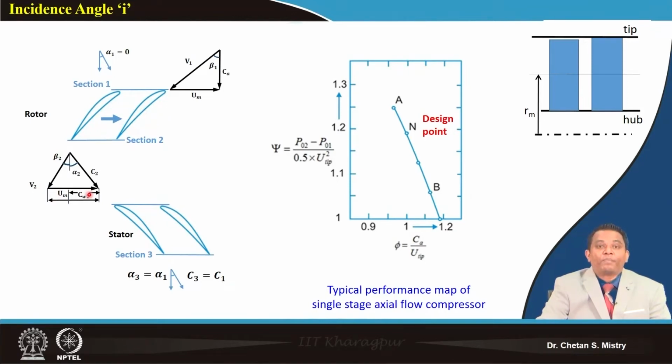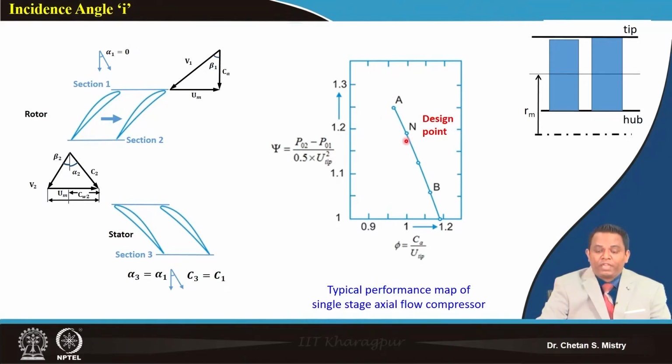With the peripheral speed put in here, that gives me my absolute velocity and my angle alpha 2, and we have the whirl component, which we defined as Cw2. If the stage is designed such that entry and exit are axial, then C3 and C1 are the same, and alpha 1 and alpha 3 are the same.